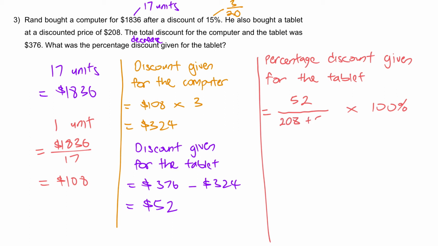You key these into the calculator, you will get 20%. Remember, do not key in this percentage symbol into a calculator. This is just like any other units like kg, meter, cm. So 20% is the answer.